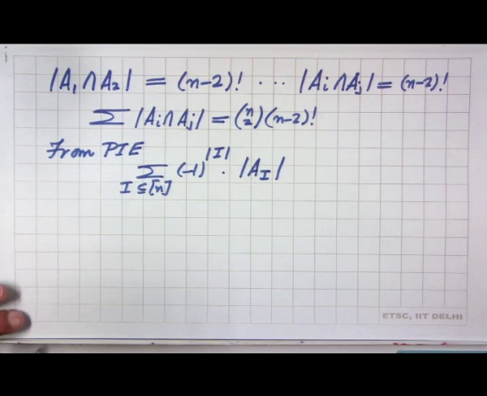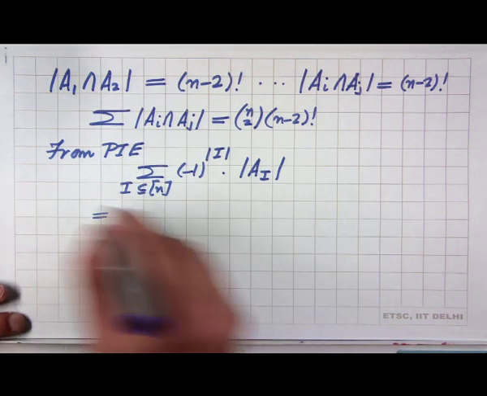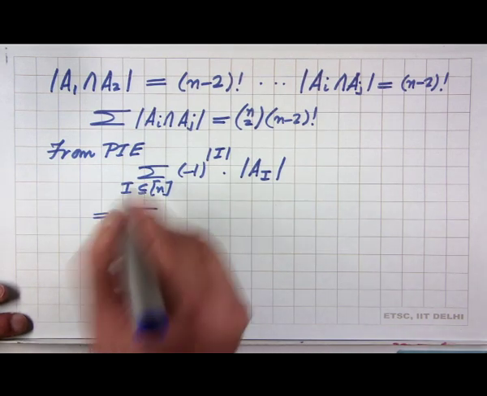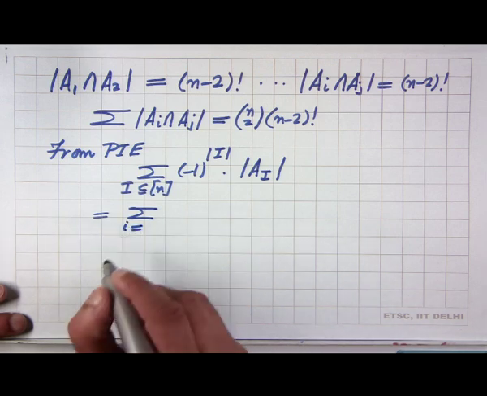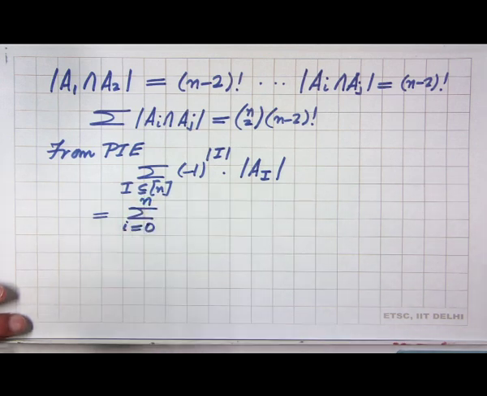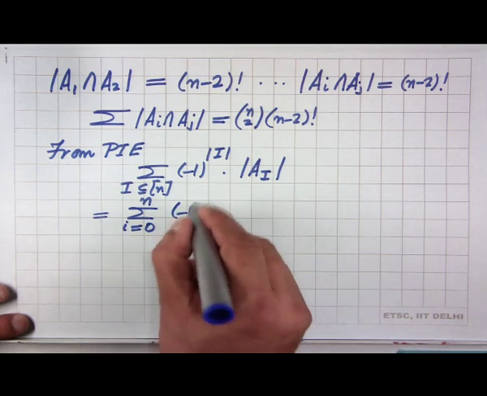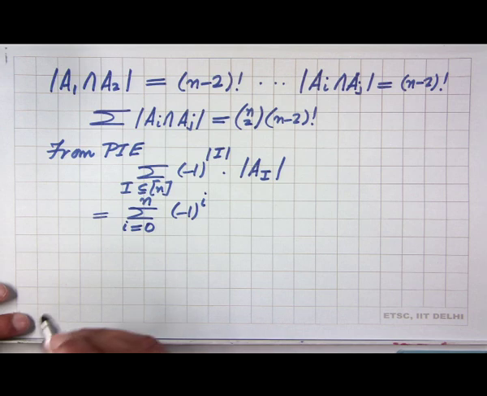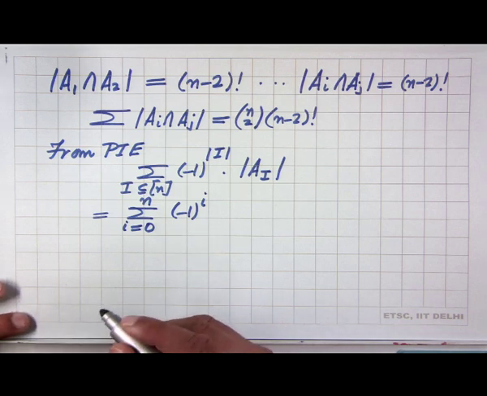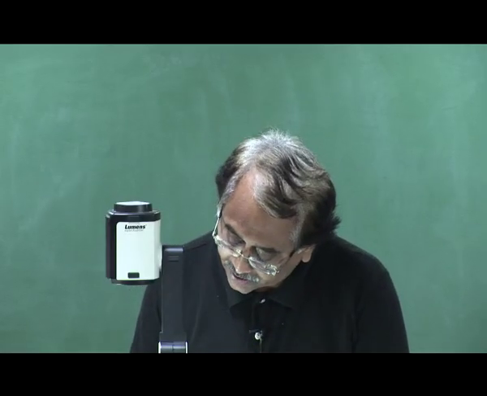And now if I further classify this in terms of the number of elements in I, in other words, let i stand for the number of elements in I, then i could go from 0 to n. The first term is minus 1 to the power of i, because I've chosen all those I's, I've categorized them, I've clubbed them together, all those I's that have exactly i elements.